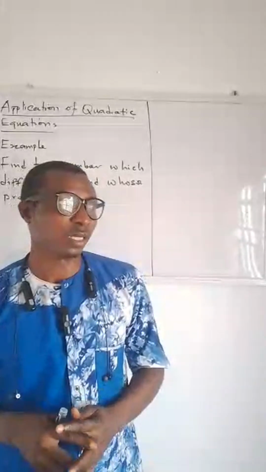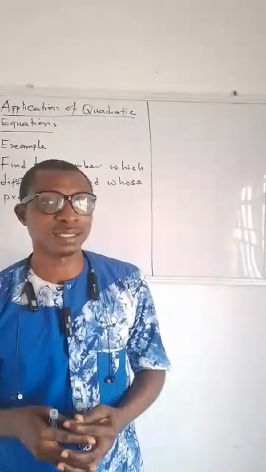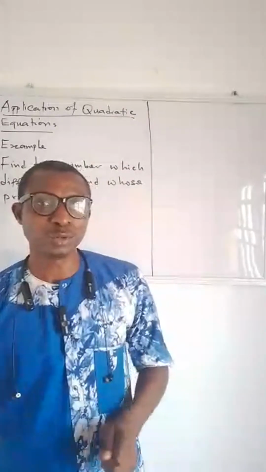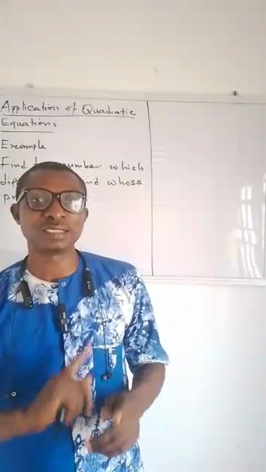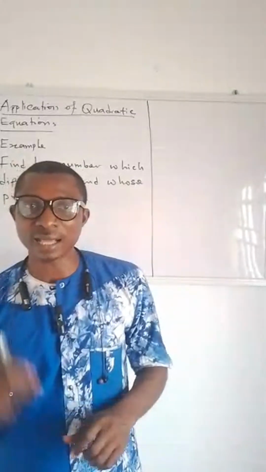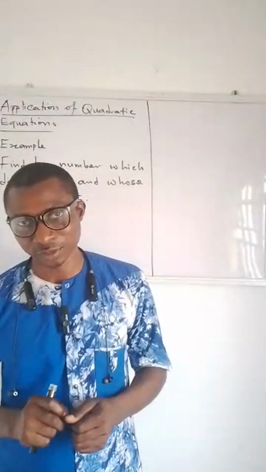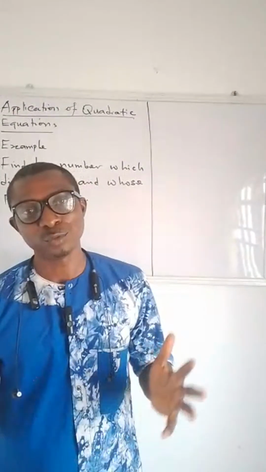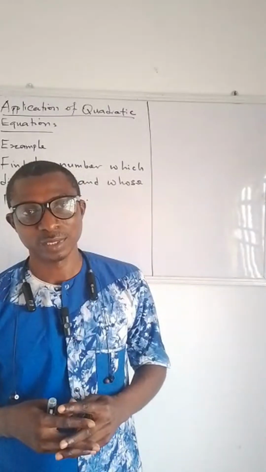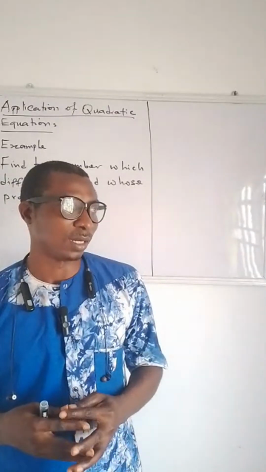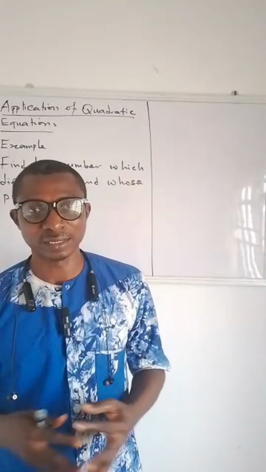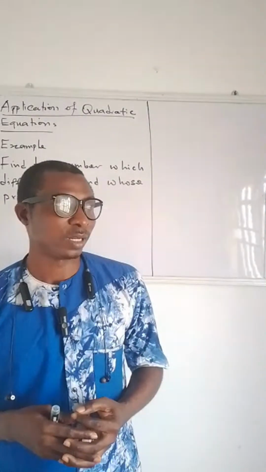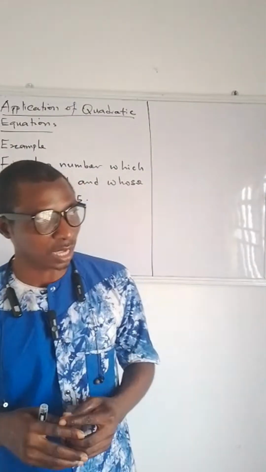I told you on the first day of this class that when you throw a ball, the trajectory of the ball has a mathematical explanation. And I told you we are going to be looking at one or two questions that are explained using quadratic equations. So let us swing into action now.